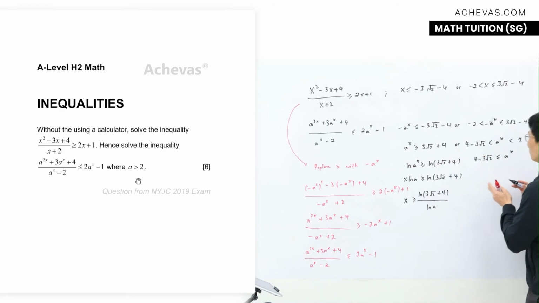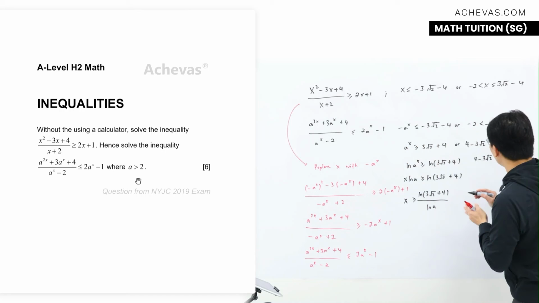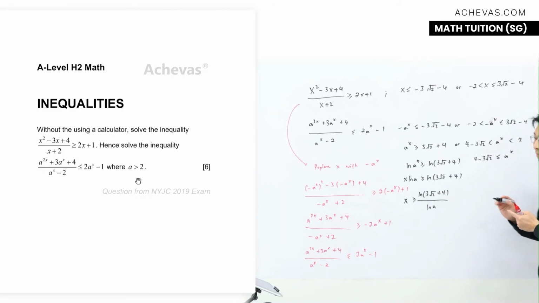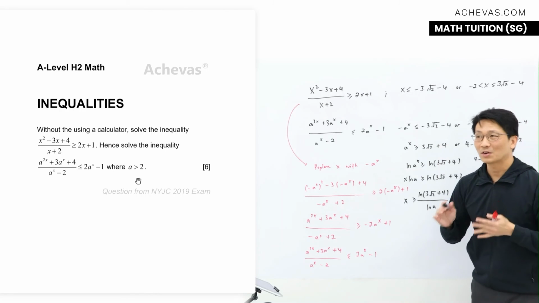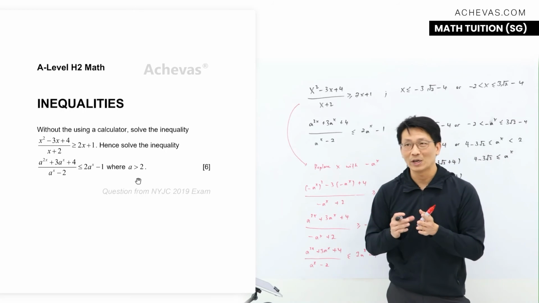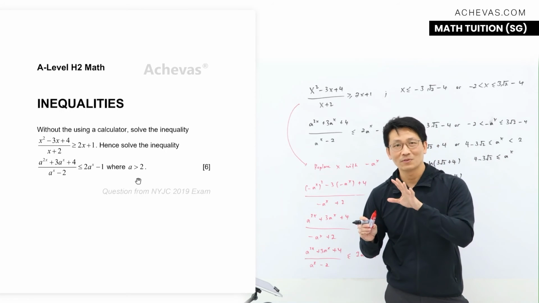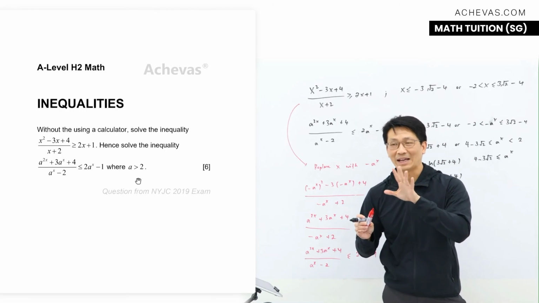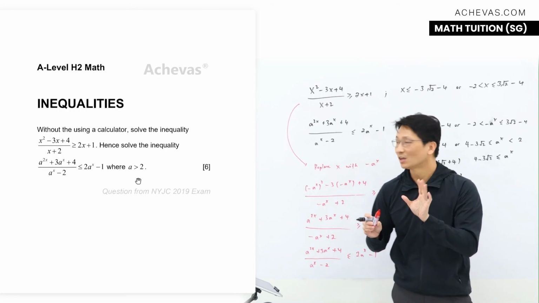A lot of students, once they see it's a negative and they know that I cannot take ln on both sides, just simply say that this is rejected. But actually this is not true, because when we are doing inequality, we are supposed not to solve it algebraically as though it's just like an equal, it's different.